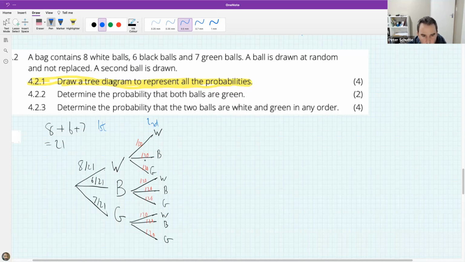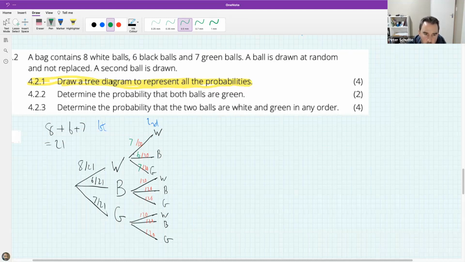Now, it seems like the second throw is the hardest one. So first, and then the second. Now, it must all be out of 20 because there were 21 to start with, and then you chose one. Now, I think that because I chose white, this has to be 7, and then these ones remain the same.